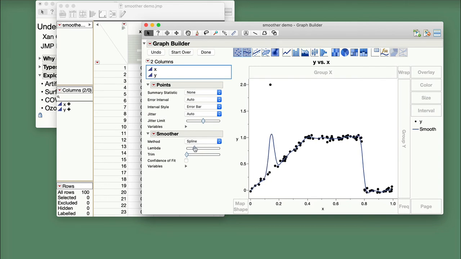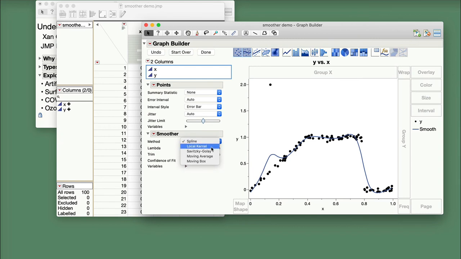So it's impossible to really get it completely sharp, but that's okay. That's to be expected from a smoother. You can see it more. It certainly doesn't ignore that point, but the effect of it depends on the stiffness of the smoothing parameters of the smoother in general. So that's the spline.